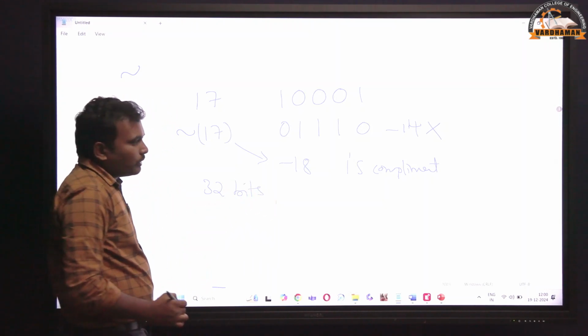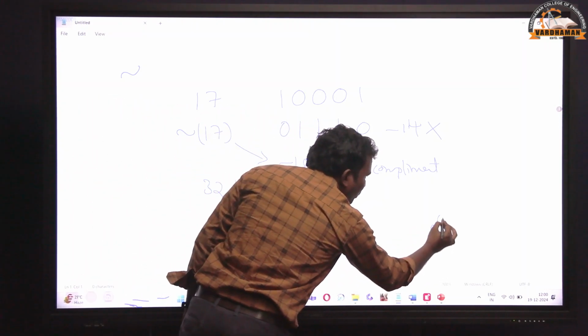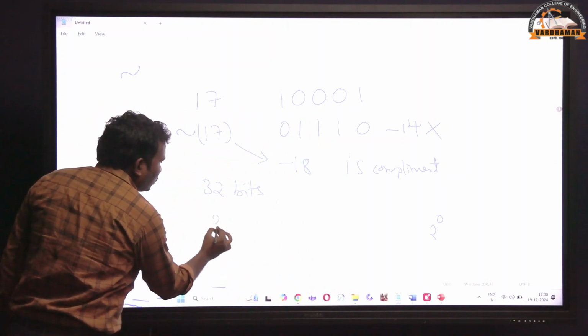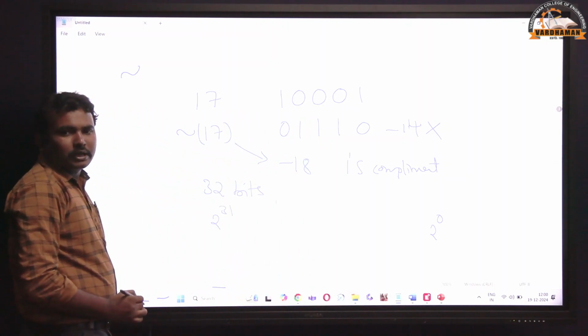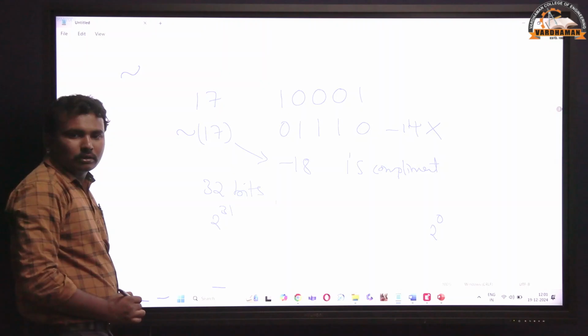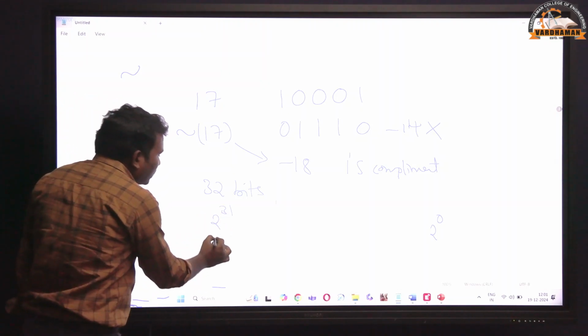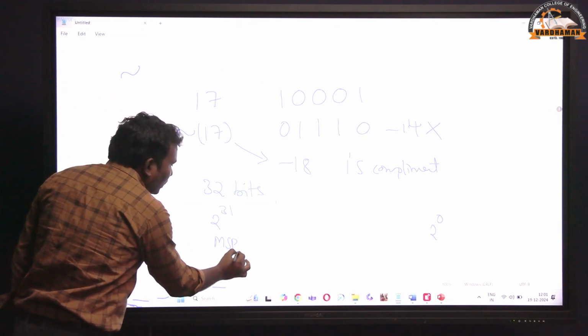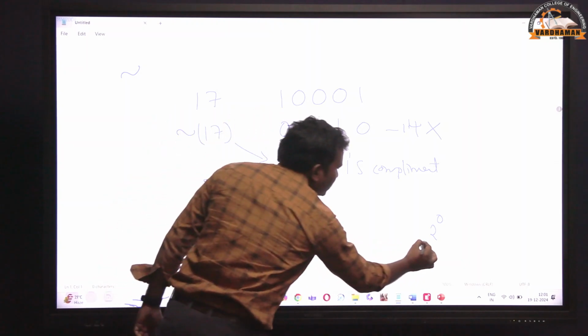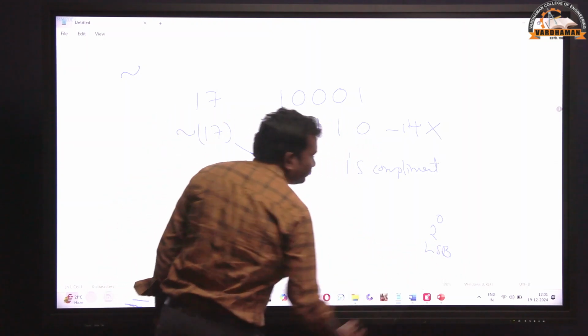There are a total of 32 bits. That means starting with 2 power 0, ending with 2 power 31. This is called the most significant bit and this is called the least significant bit.